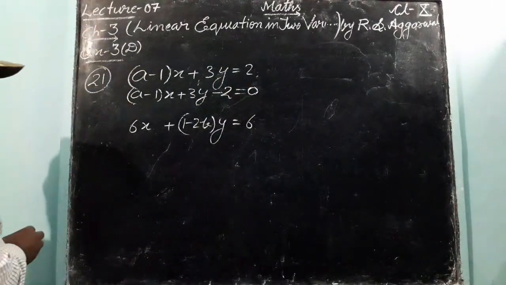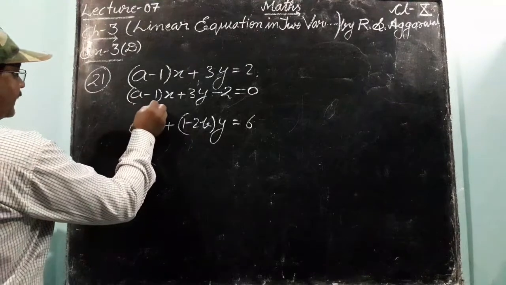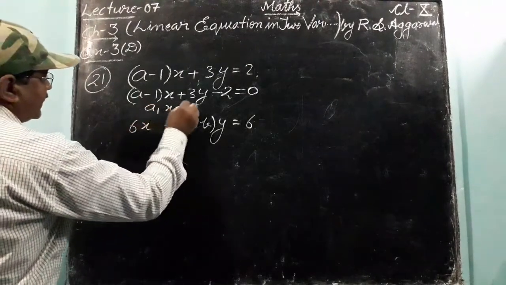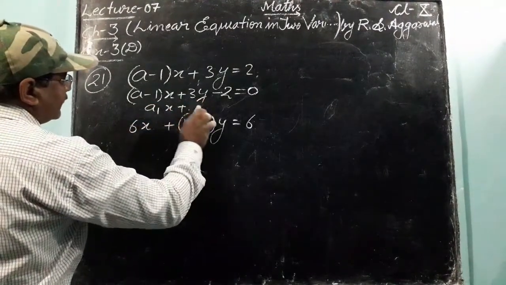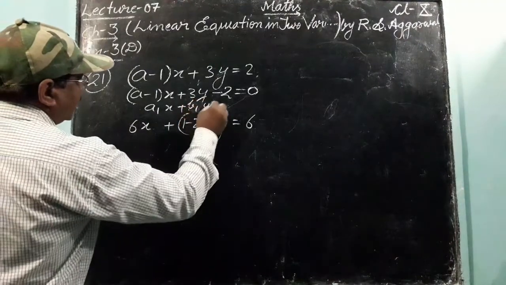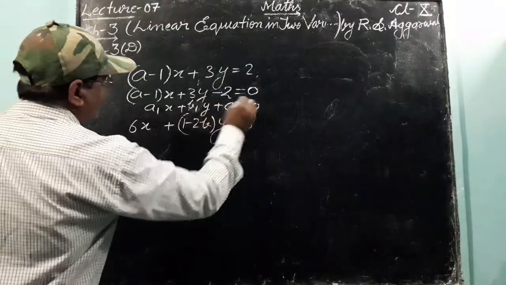Okay. Now I am comparing with a1x plus b1y plus c1 is equal to 0.